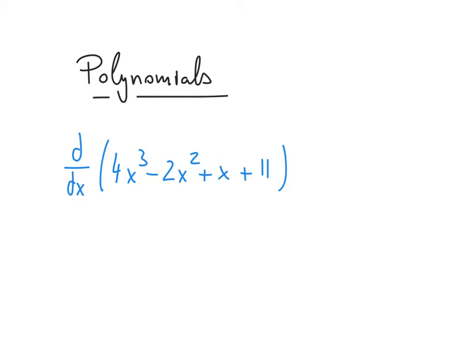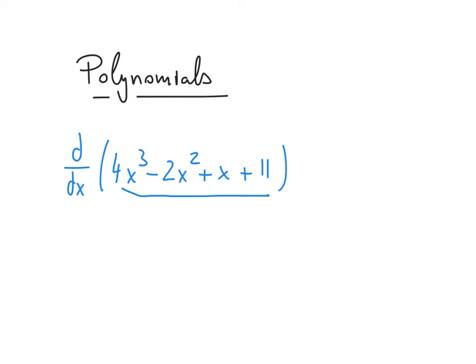So let's say we want to find the derivative of this polynomial here, 4x to the third minus 2x squared plus x plus 11. So the rules tell us how we can actually compute this derivative.